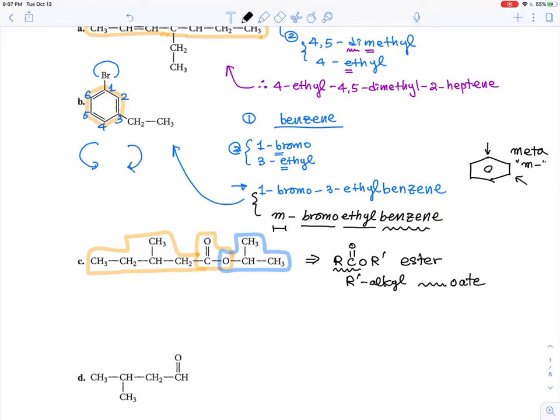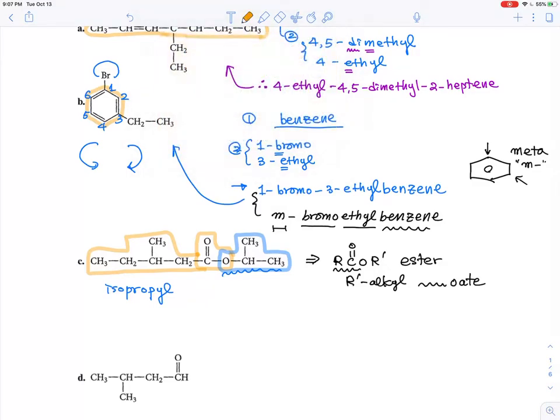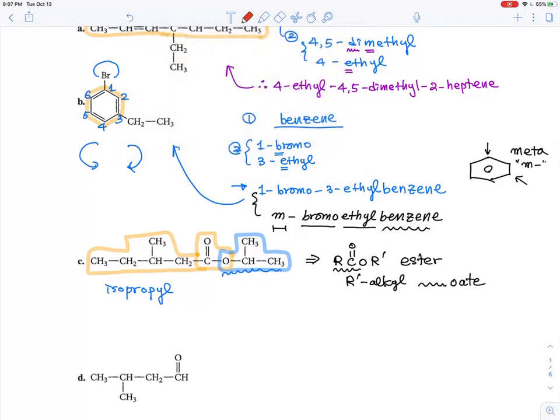So let me use a blue color to represent this alcohol-based one. This is an isopropyl. So this is an isopropyl alcohol. Isopropyl is the alkyl name going in front. And then for the one that goes on here, I need to count the number of carbons in the organic acid.